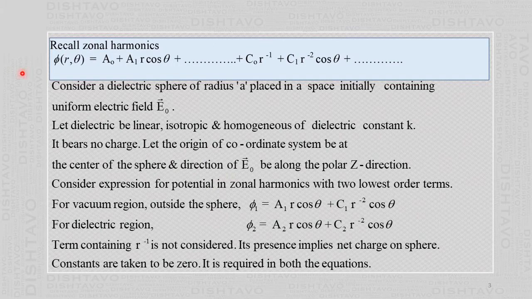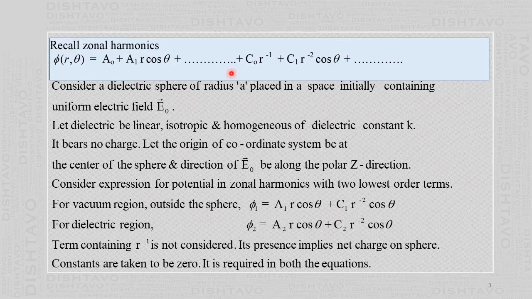Now here, for a dielectric placed in the uniform electric field, we will go along the same line as we found when the conductor is kept in the uniform electric field. So we will be using a zonal harmonic, and I have written that potential in the zonal harmonic here.